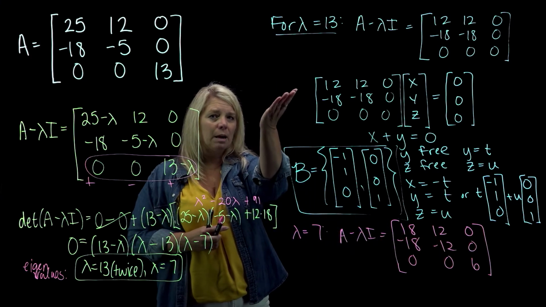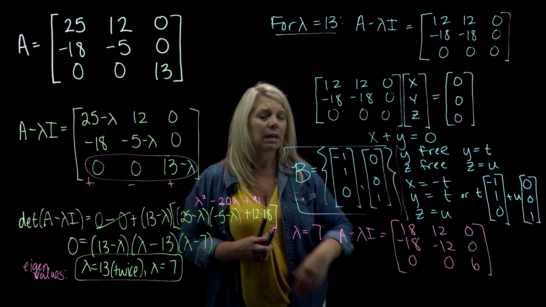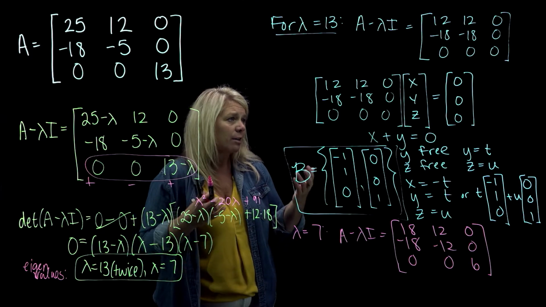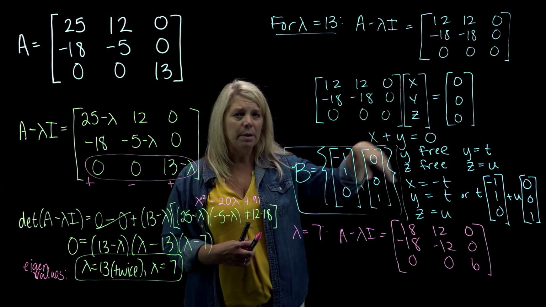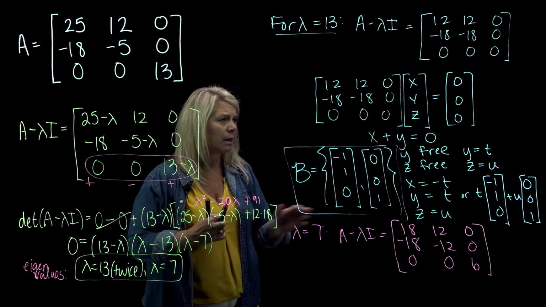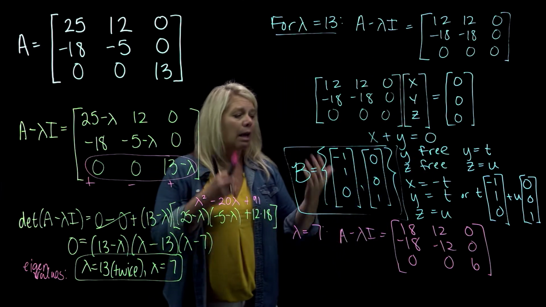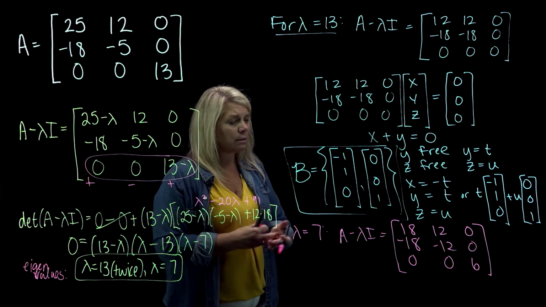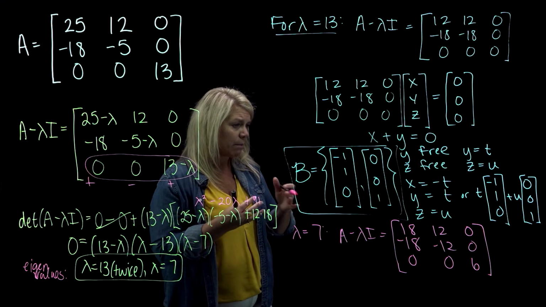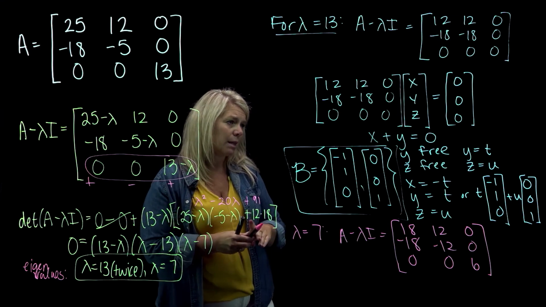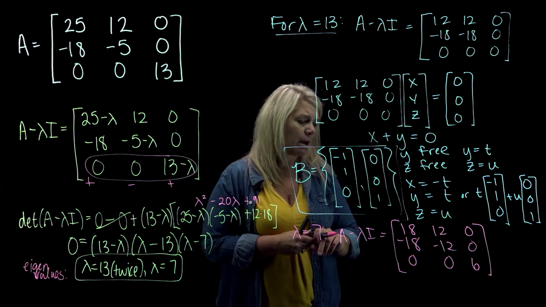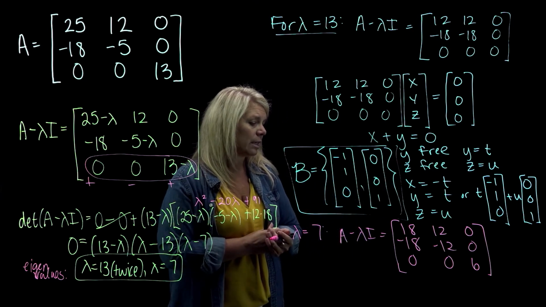So the same way I did up here, I'm going to take this matrix times some arbitrary vector of unknowns, x, y, z, or a, b, c, or whatever letters you want, equals the 0 vector. And what I get is a system of equations. I'm just going to go ahead and write down what you would get from that resulting system.